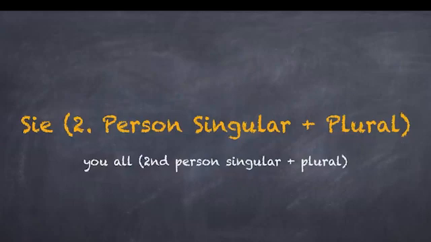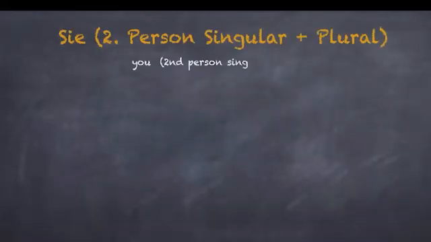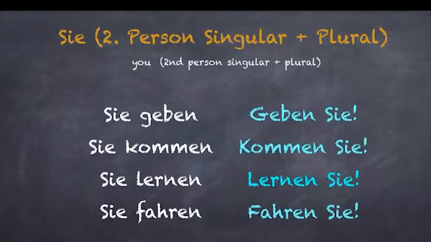Great! Now let's move on to sie. Zweite Person Singular und Plural. This is the easiest form for making imperative. Here again we have 4 examples. Sie geben changes to geben sie.